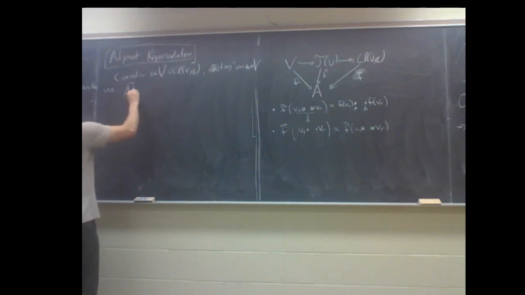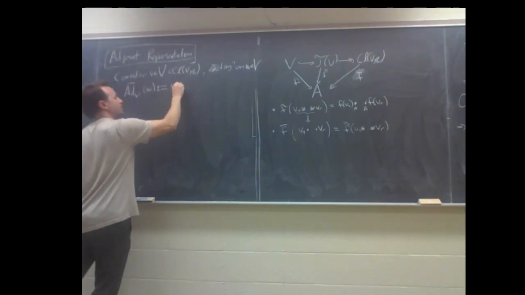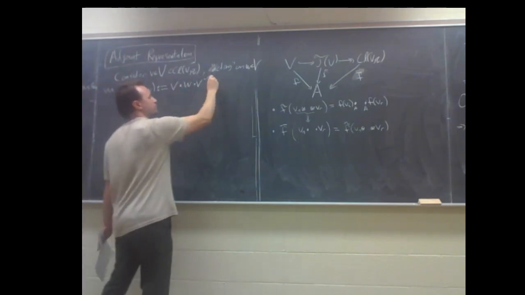I'm going to put a tilde on it, you'll see why. So the adjoint action of V on W is typically defined to just be V times W times V inverse. So conjugation.